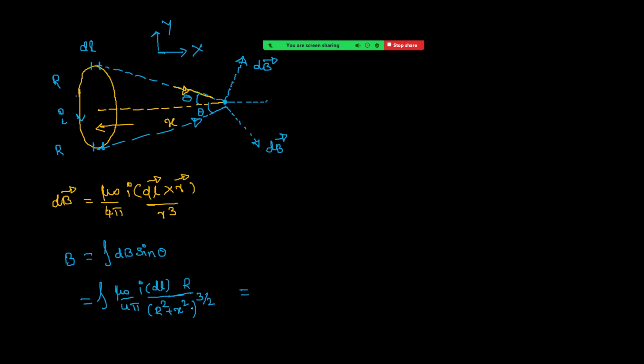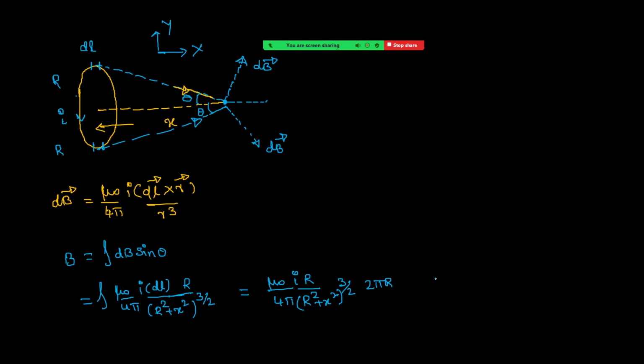Now in this we can take constants outside. So μ0 by 4π, I R, over R square plus X square whole power 3 by 2, times the integration of dl, which gives 2πr.